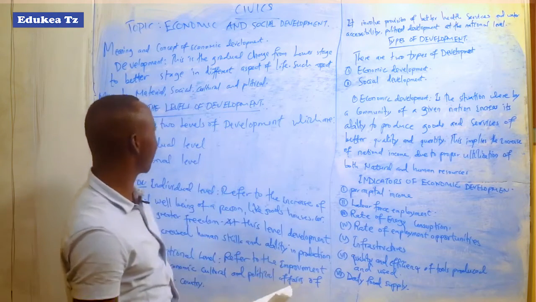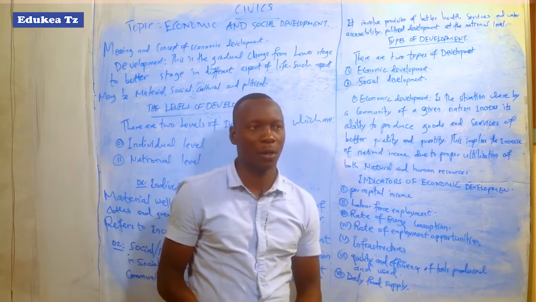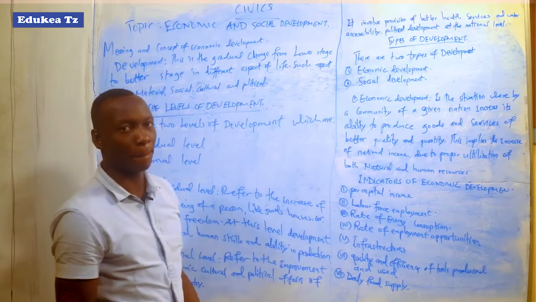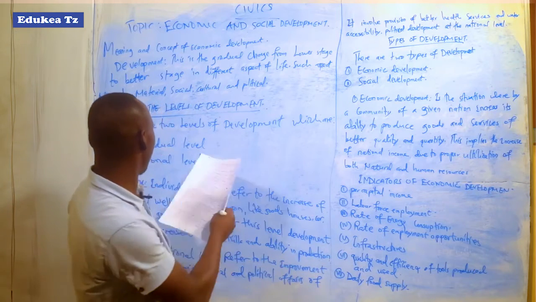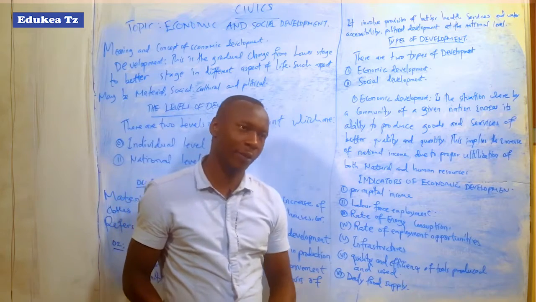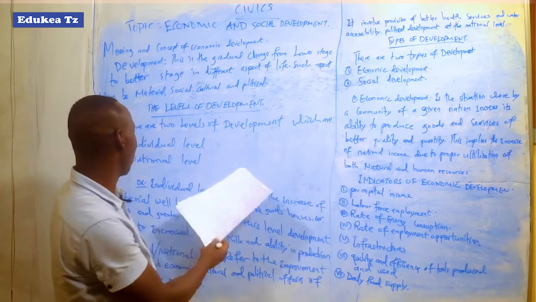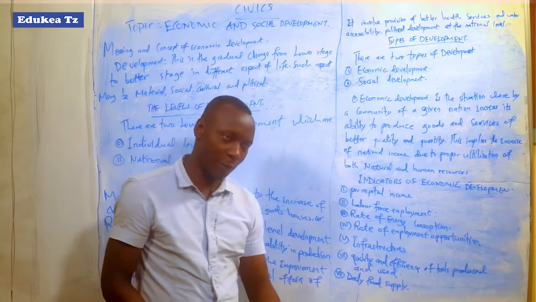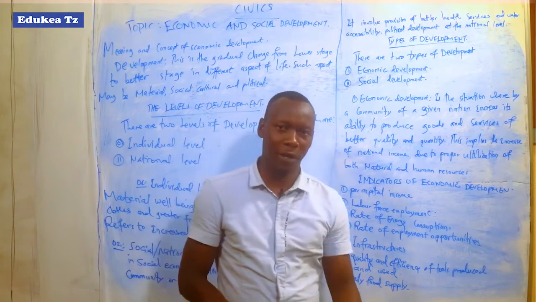And this development is divided into different levels. According to our topic, there are two levels of economic development: the individual level of development and the national level of development. Let us look at them one after another.